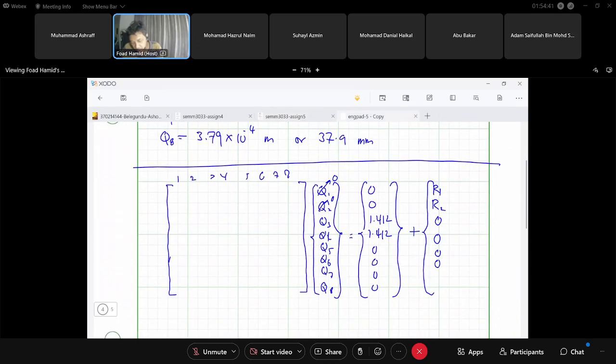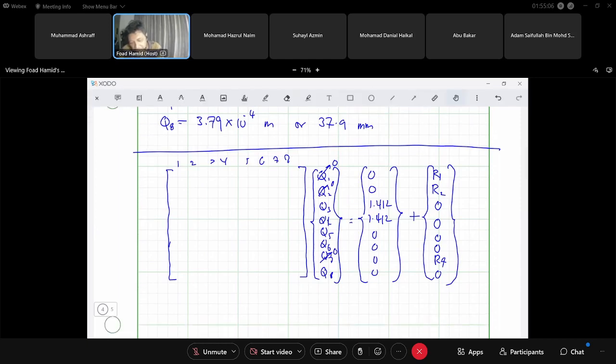But Q7 is a boundary condition, which is 0. So we have R7. And Q8 is not a boundary condition, so this is 0. Now this is the full, complete SLE. But now what we want to do is find R7, so we need this row of the equations. This is the row that we need.